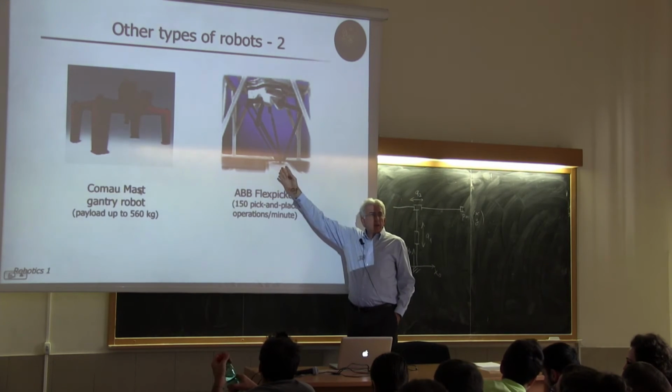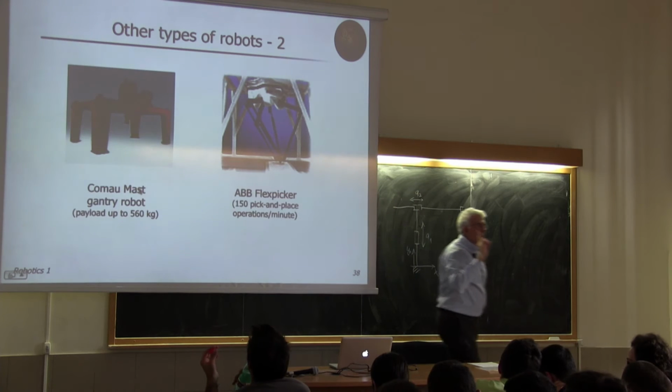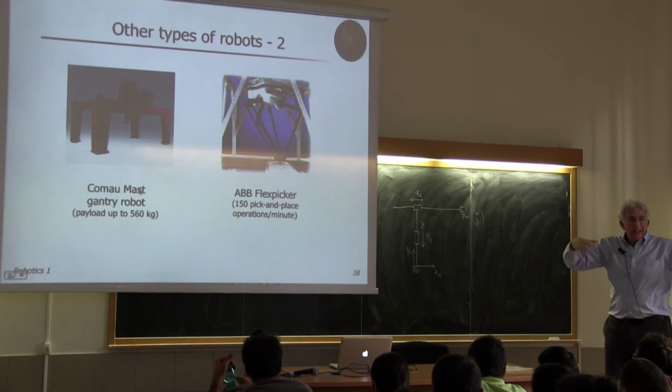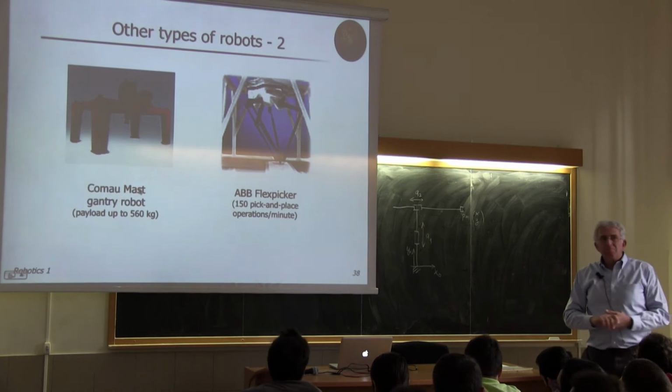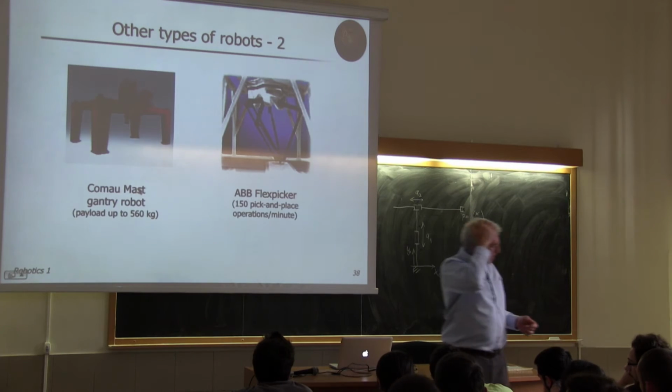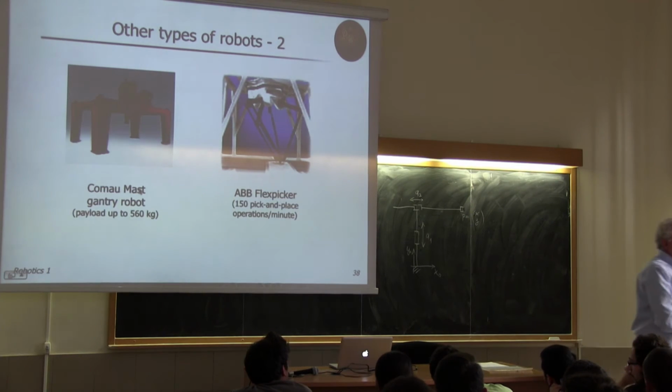Here is another articulated structure, which, pay attention, has only revolute joints. Okay? But it's kind of strange. It's like a, how do we call it? A spider. It's like a spider, like Spider-Man.